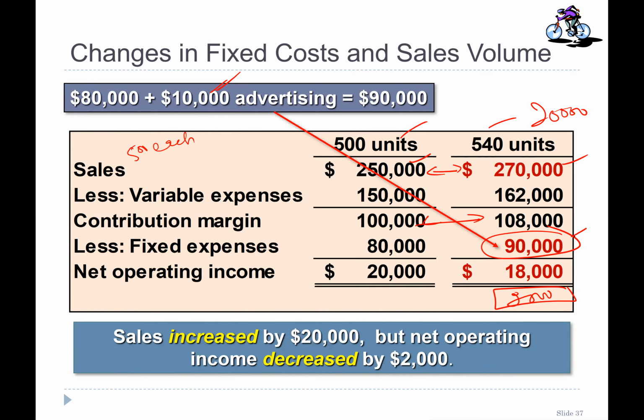Because of increase in fixed cost. So that's why every business is worried about its fixed cost, because the marketing department is pushing hard to sell more. The production department is pushing hard to make more goods, right? Even then, the profit is decreasing. You understand this miracle?